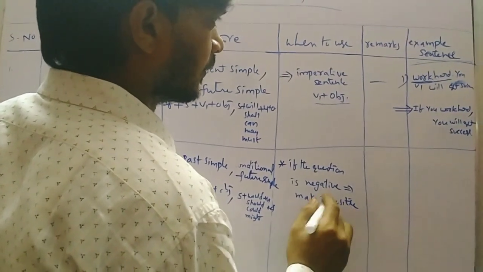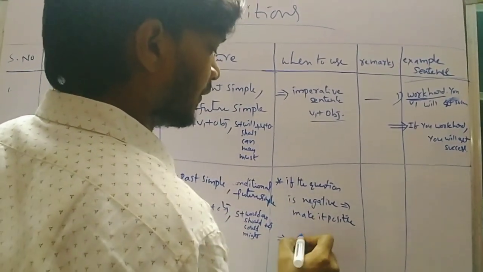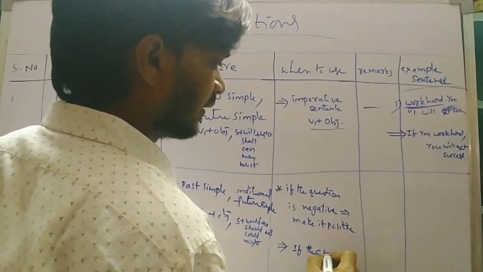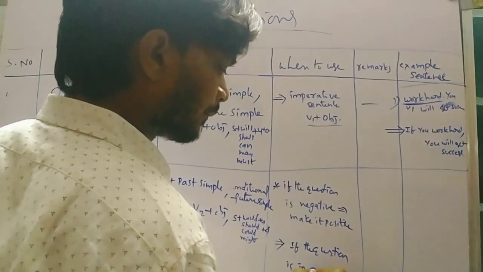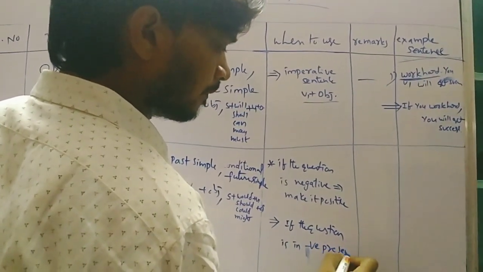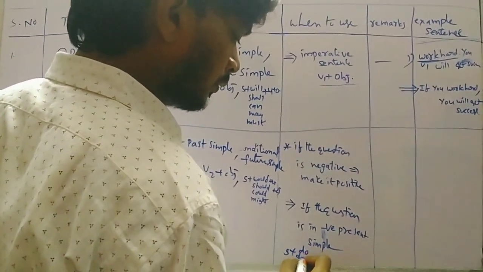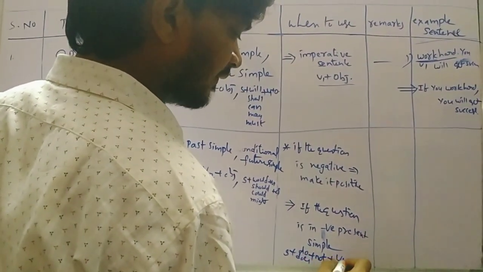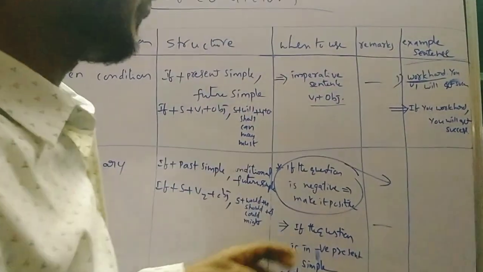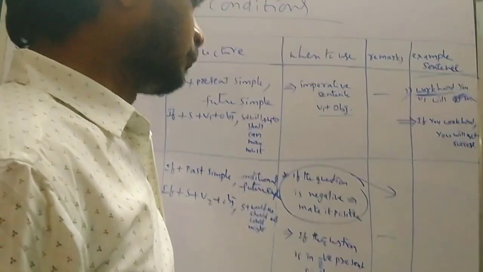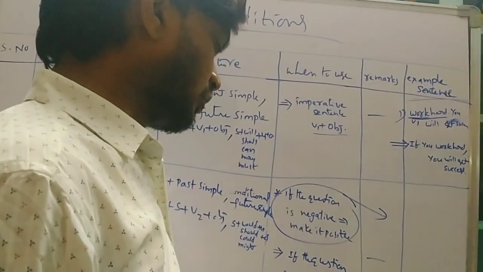Okay, so this is when to use it. Here, if the question is in negative present simple, the structure is subject plus do or does plus not plus V1 plus object. This is the remark: if the question is in negative, make it positive. Simple present structure is subject plus V1 plus object, but in a negative sentence the structure is subject plus do or does plus not plus V1 plus object.